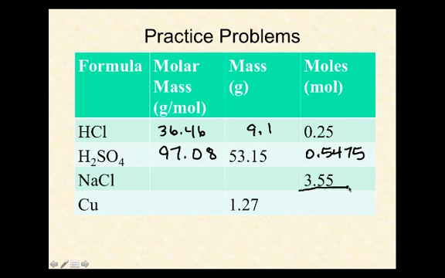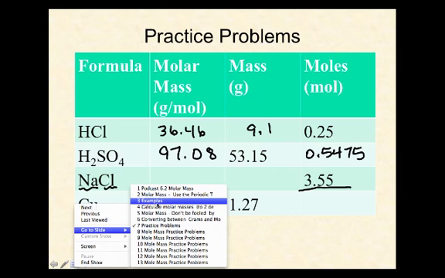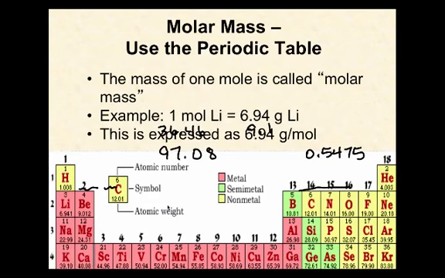Now we're given the number of moles of sodium chloride, NaCl, and we need to figure out the mass of sodium chloride. So we need our periodic table to find out how many grams per mole is sodium and how many grams per mole is chlorine. All right, sodium's down here, 22.99, so we could call that 23, right?